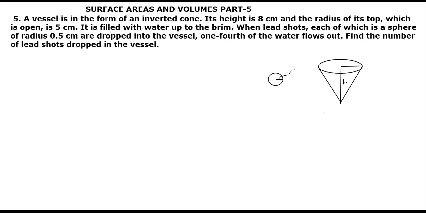So this radius, we will take small r. This is small r radius, and the radius of the cone is capital R. Capital R is given as the radius of the cone, 5 centimeters, and the height of the cone h is 8 centimeters.